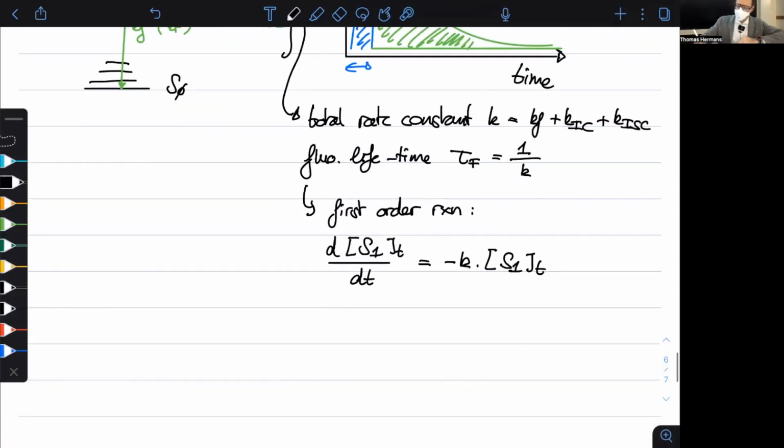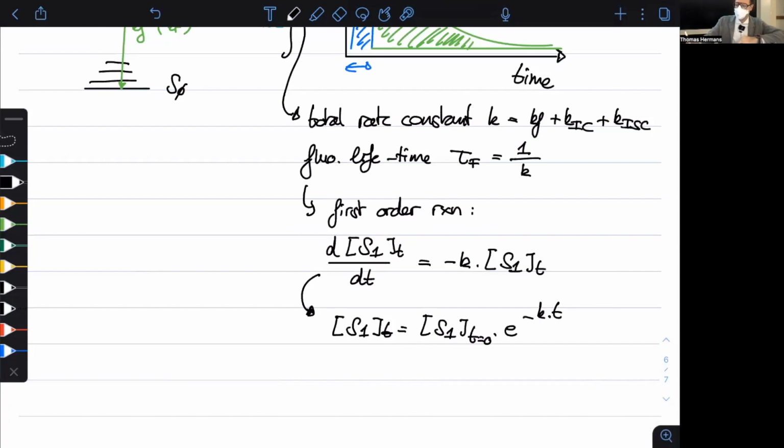Right, and in your chemical kinetics class, or if you have my class in M1 or 2, we'll see how to solve this kind of stuff, but you can integrate this, and then you basically get S1 at time 0 times exponent of minus K times t.